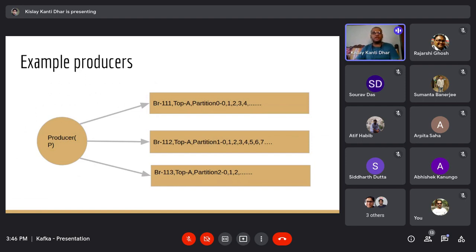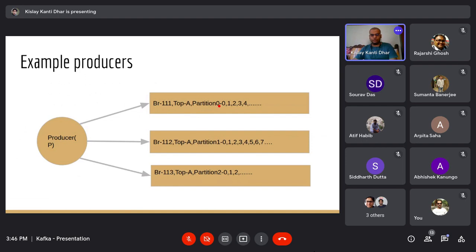Suppose I am making a key, shop A. If I use the key shop A, that will always go to the same partition. I'm not saying that it will go to broker 111 or something like that, but once it selects a partition, it will go there only, and then it will record its offsets and all.